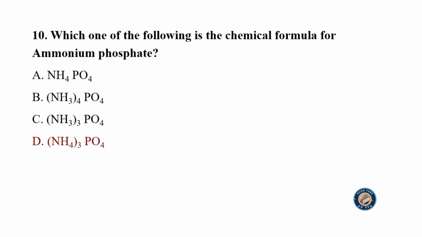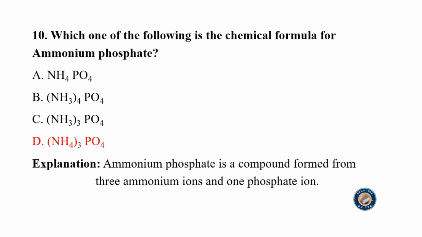The answer is (NH4)3PO4. Ammonium phosphate is a compound formed from 3 ammonium ions and 1 phosphate ion.